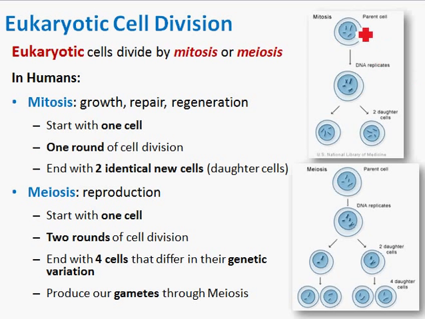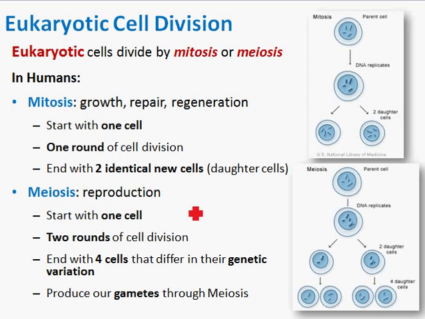So if you look at the diagram, one cell goes through one round of division, and we end with two daughter cells that are 100% identical to the parent cell. Okay, so that's for growth, repair, and regeneration. That makes sense. So this would be something like your skin. Again, if skin cells are going to divide to make new skin cells, you would want the new cells to be 100% identical to the ones they started with, right?